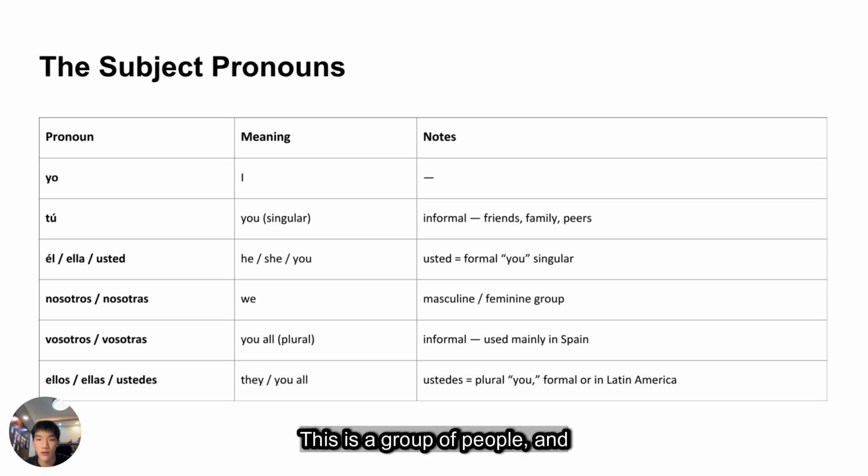This is a group of people, and we can contrast this with vosotros and vosotras, which is you all, or y'all, which is a plural. This is also quite informal and is mainly used in Spain, so you might not see this a lot in Latin American Spanish. Then finally, we have ellos or ellas, which is the feminine way of saying this, or ustedes, which is the plural you form, which is extremely formal and used in Latin America.